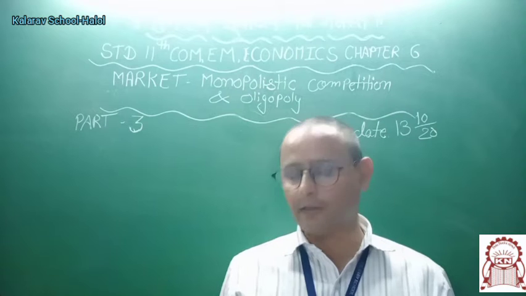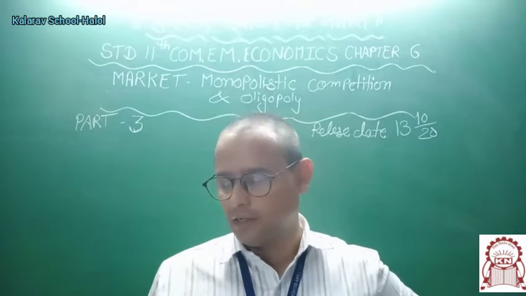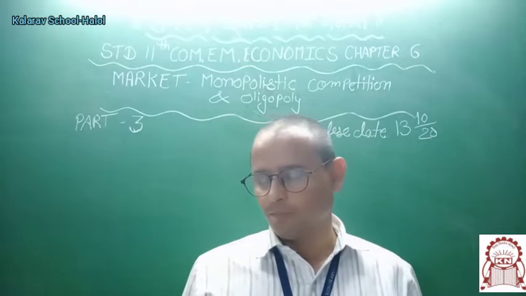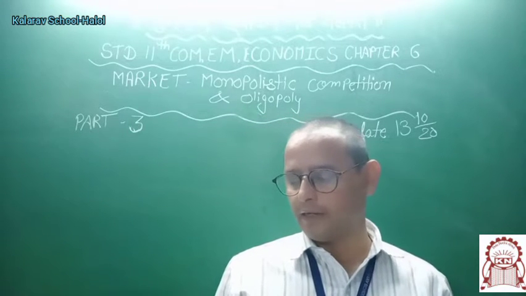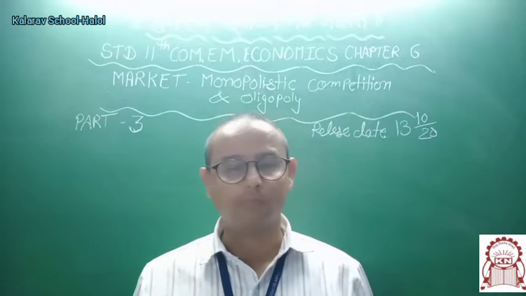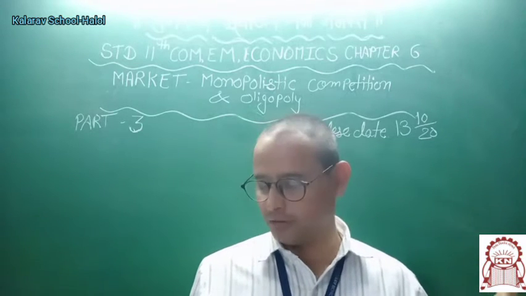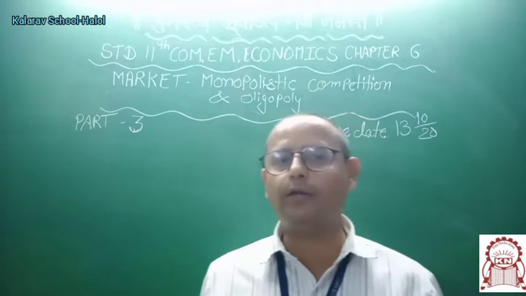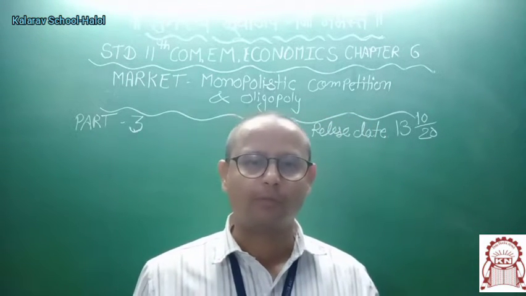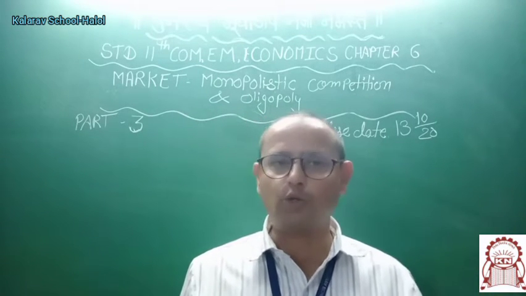Now what are the features of monopolistic competition? First is there few numbers of seller and more numbers of buyers. Okay, means sellers are in less proportion and buyers are in more proportion. You can see the example of telecommunication market today.